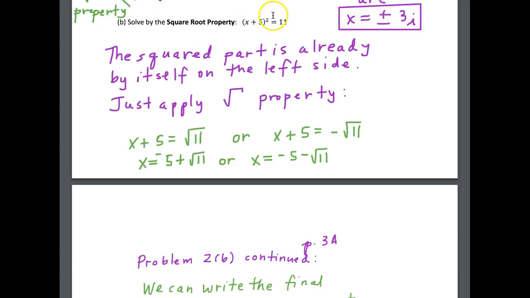Take the square root of both sides, or just think of the inside here. Our u in this case would be x plus 5. So I'm going to have x plus 5 is equal to positive the square root of 11, or x plus 5 is equal to the negative of the square root of 11. Now I can subtract 5 from both sides. So I get x equals -5 plus root 11, or x equals -5 minus root 11.